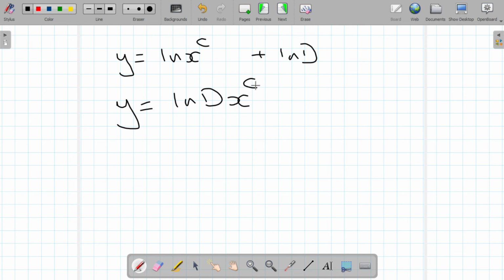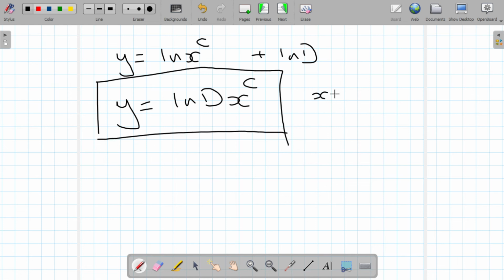Okay, so that is the final solution when a is equal to 1, where we've got y equals log of dx to the power c.